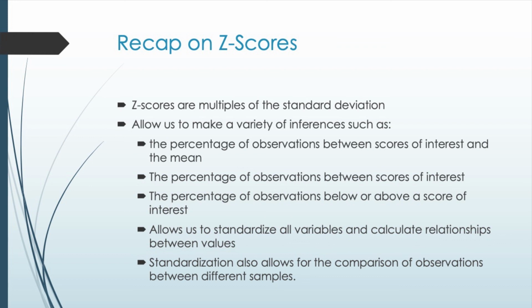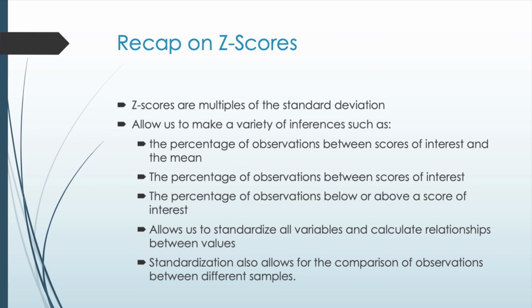But just to do a quick recap, z-scores are simply multiples of the standard deviation. A z-score of 2 is the same exact thing as 2 positive standard deviations away from the mean. And z-scores allow us to make a variety of inferences, such as the percentage of observations between scores of interest and the mean, the percentage of observations between scores of interest, so maybe 2 or even 3 scores of interest.